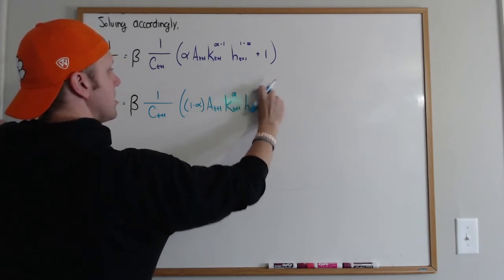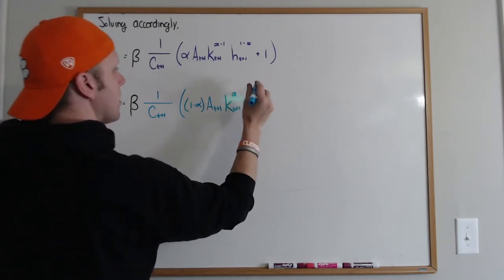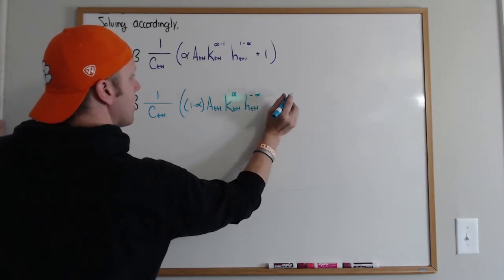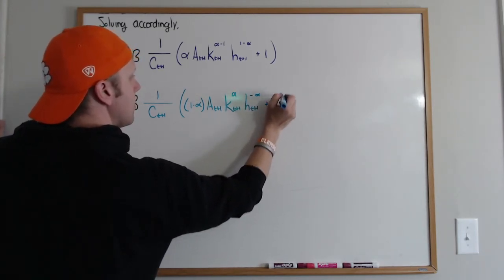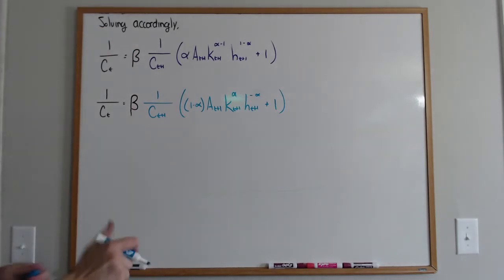Maybe negative alpha plus 1. That's what I get. So I get these two Euler equations here.